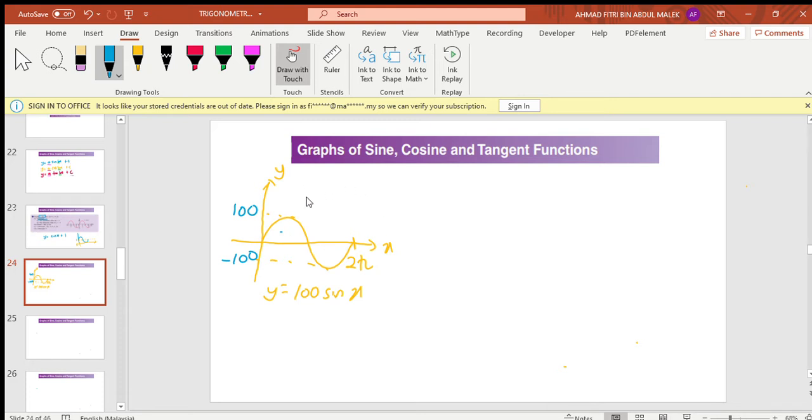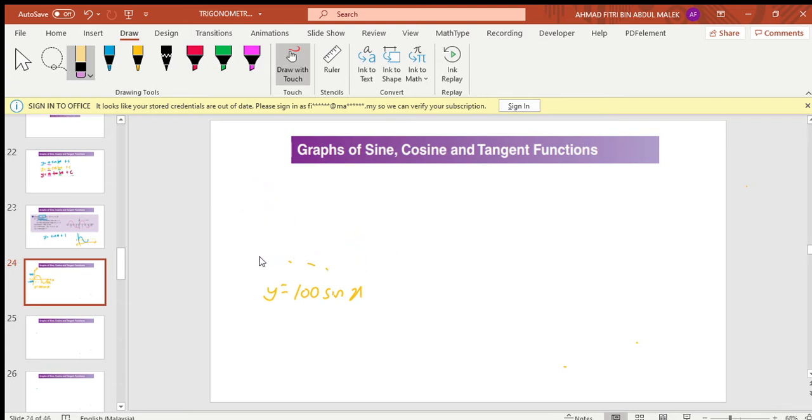So never mind about the real shape, whether the amplitude should be higher or lower. No need to worry about that. Okay, so that is the sine graph. We start with the sine graph now.